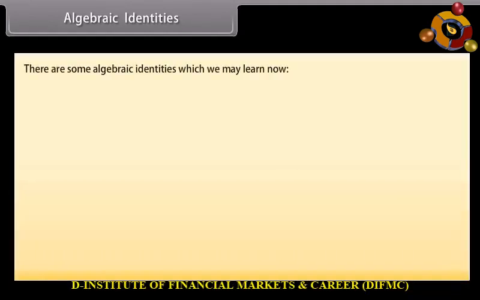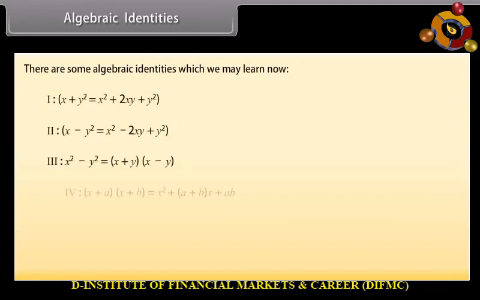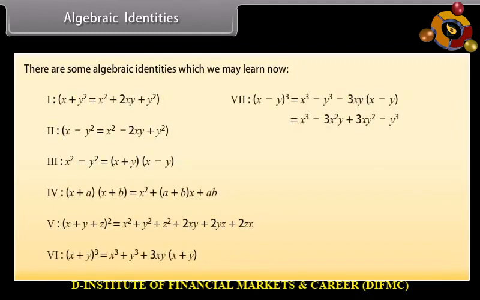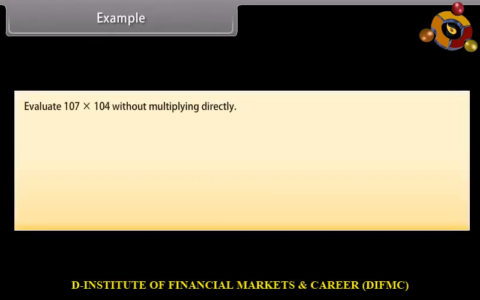Algebraic identities. There are some algebraic identities which we may learn now. Example. Evaluate 107 times 104 without multiplying directly.